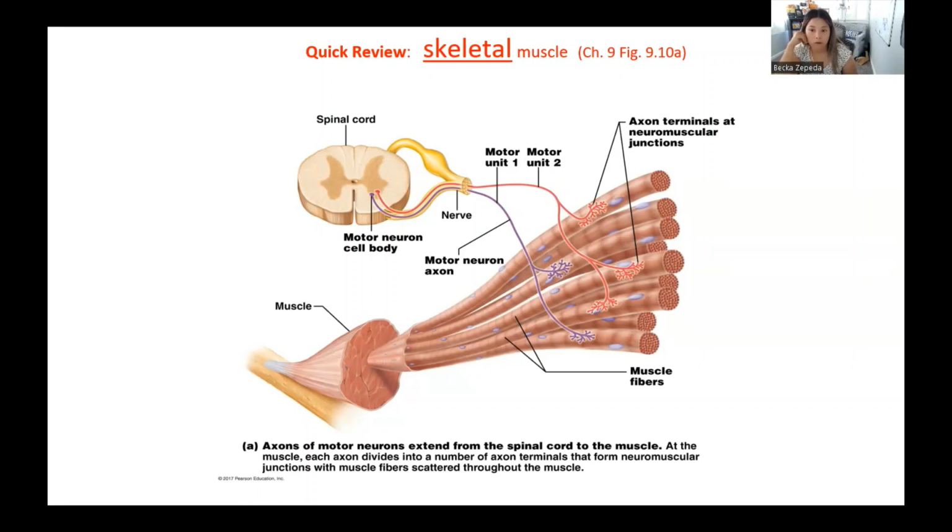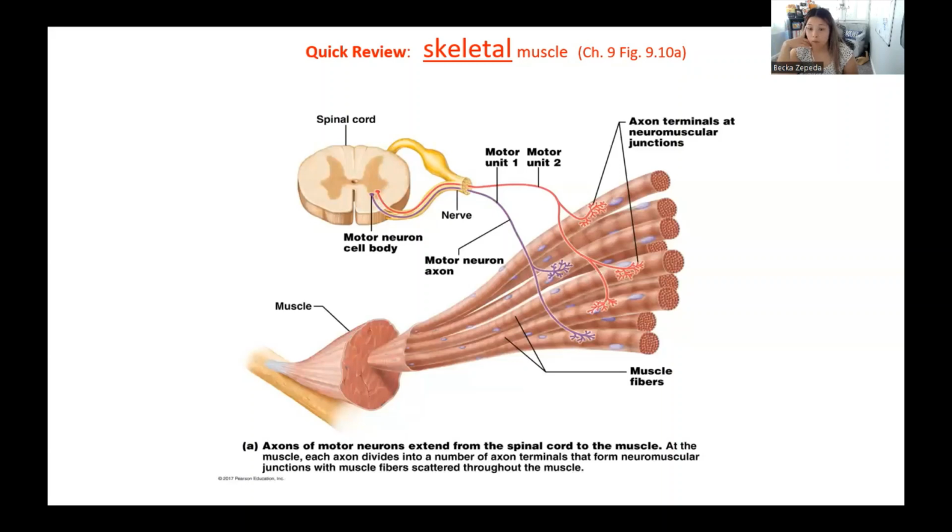I don't know if you remember this before, but the more muscle fibers that a motor unit controls, the more likely it's going to be for bulk movement. So like for your legs or your back, where it needs to be keeping posture and allowing you to take a step forward and things like that.